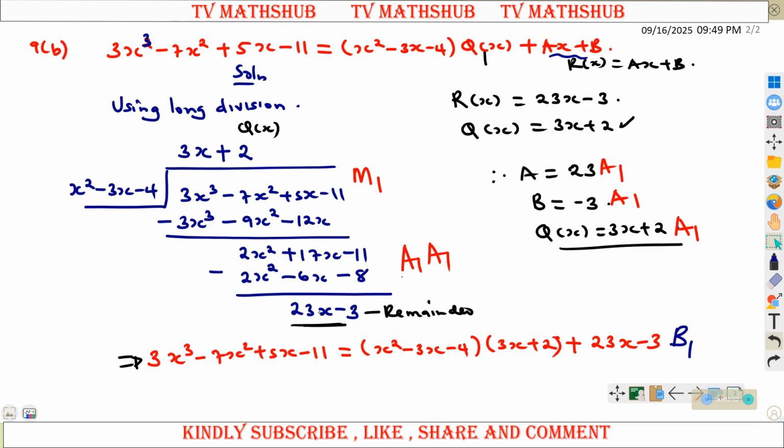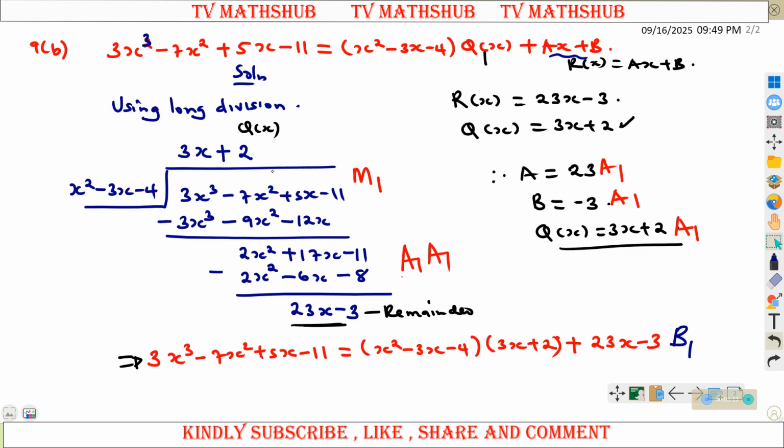Here it cannot go further, because you realize this is x, and yet the highest power of x here is 2. So this is x squared, and yet this is x. So it will only stop at this given point. When it stops here, this becomes the remainder, and this becomes the quotient.